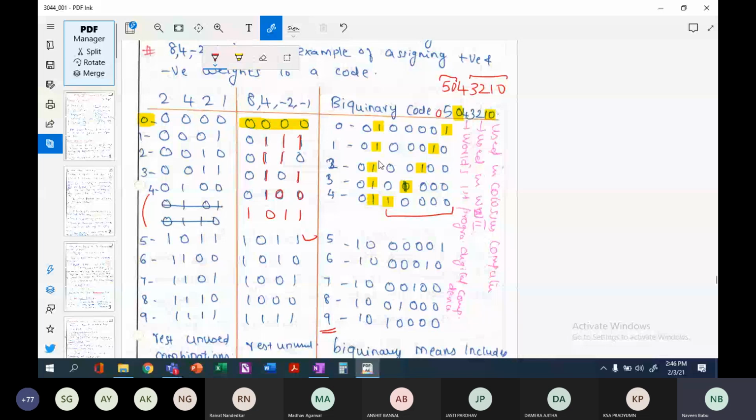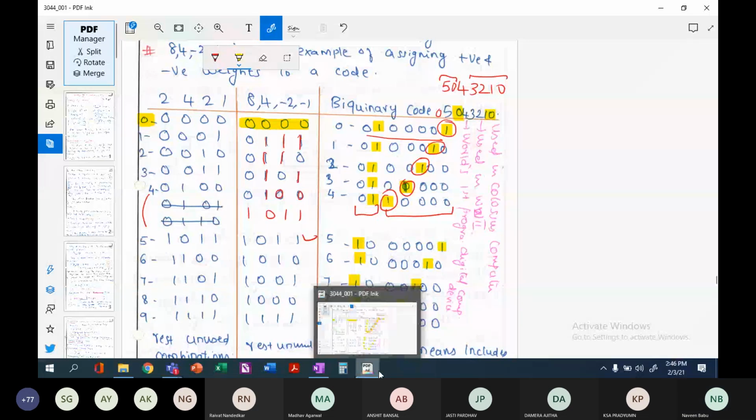Likewise, there is only one here, and these bits are used for flagging the sign bit, or to notify the lower half of the digits. So here also you see it is 1 across the MSBs, and you will have only one along these diagonal elements, right? So this is the sequence that has been followed in biquinary code.